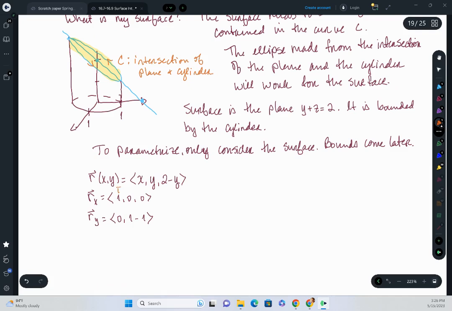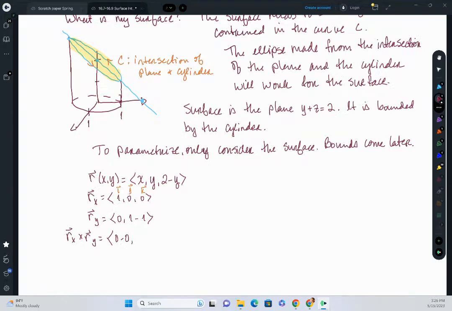And then we need the cross product of that, so I'll draw my i, j, k over the top here. R sub x crossed with r sub y is equal to a vector with components 0 minus 0 in the first component. Minus, in quantity, 1 times negative 1 is negative 1 minus 0. Third component, I get 1 minus 0. This simplifies to be a vector with components 0, 1, and 1.